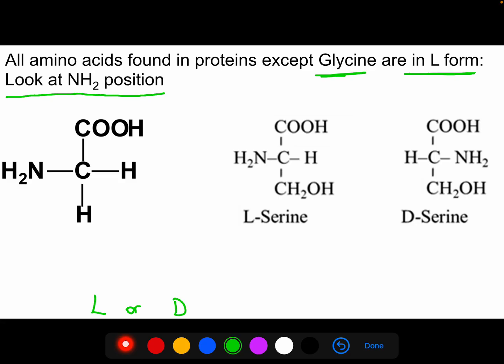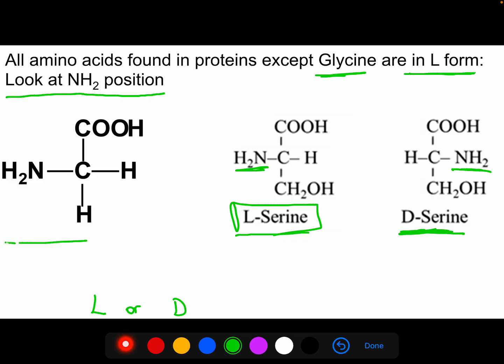If it is on the right, that's a D form. So when we look at the serine, we are looking at this NH2, it's on the left, so this is L. NH2 on the right, that's D. In our bodies, we have amino acids in the L form, and some bacteria might have the D form.